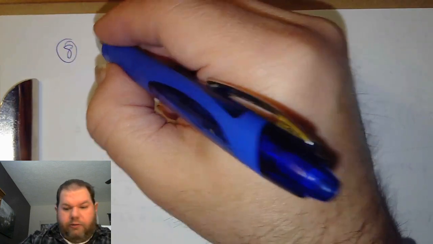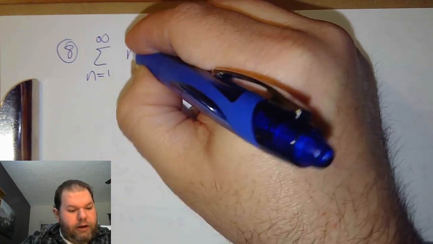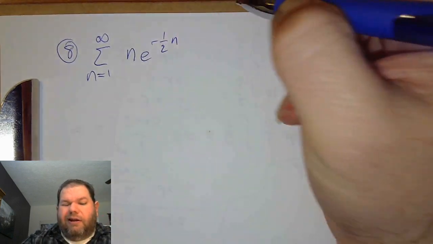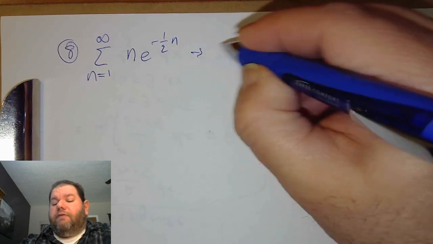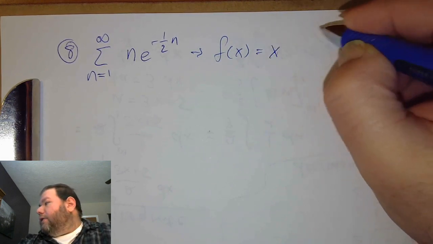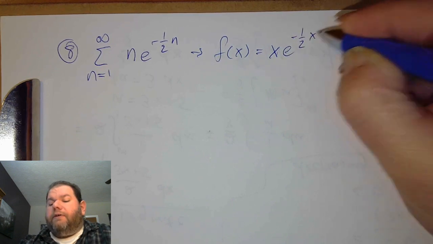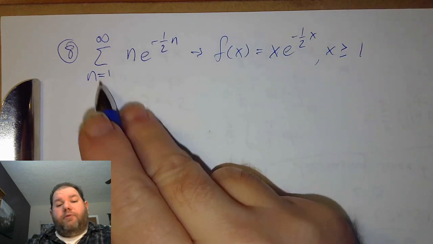Now in problem 8, we have the sum n equals 1 to infinity of n times e to the negative 1/2 n. It says n over 2, but we could write it either way. Now, that means our function f of x will be x times e to the negative 1/2 x for x greater than or equal to 1. Let's just go from 1 to infinity.